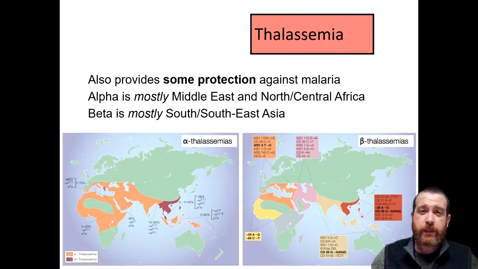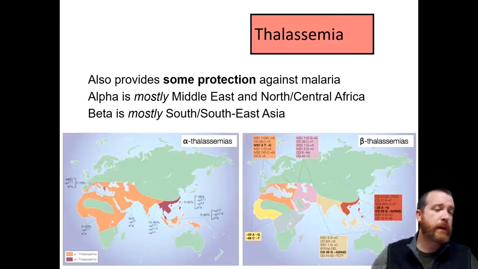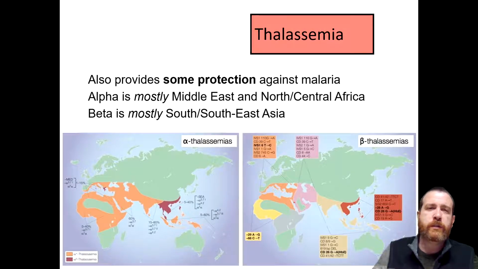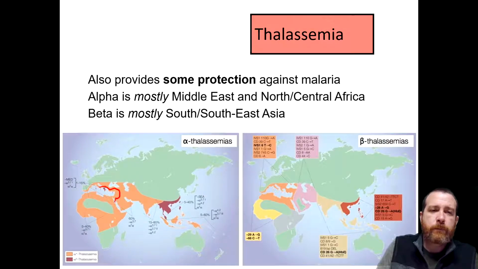The reason for thalassemia existing is the fact that we have some general protection against malaria, right? Alpha thalassemias are, again, in the picture you can see it's spread throughout generally the same regions. Mostly when we're talking about alpha thalassemia, we're talking about Mediterranean and North African.